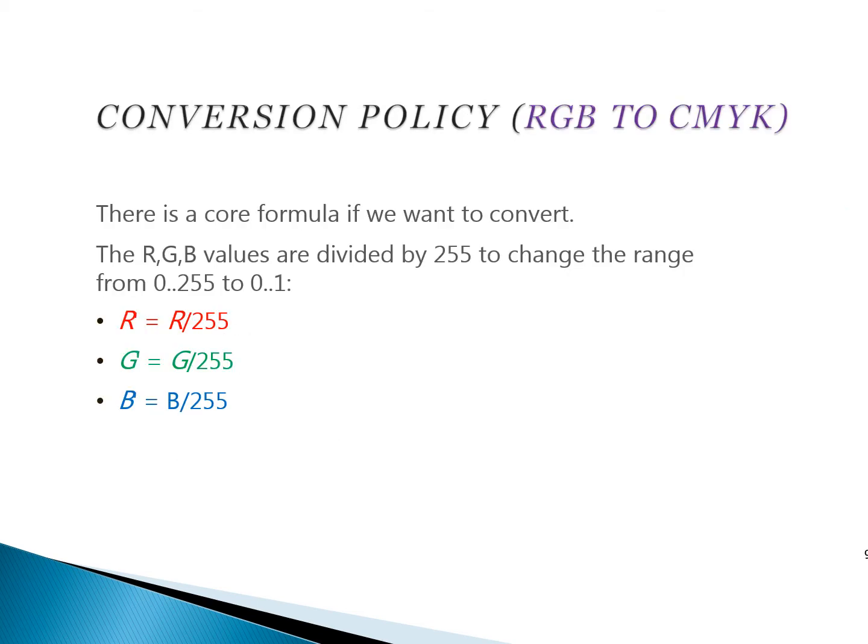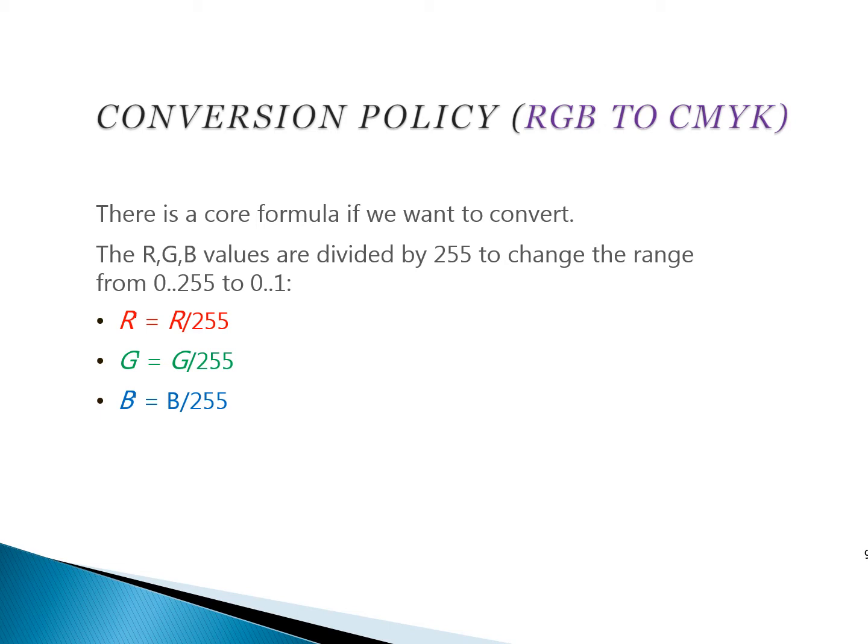Whenever we want to convert from one color model to another, we make use of some formula. When we convert from RGB to CMYK, first we have to change the range of the colors. The RGB values have 8-bit information, which corresponds to 256 values from 0 to 255.